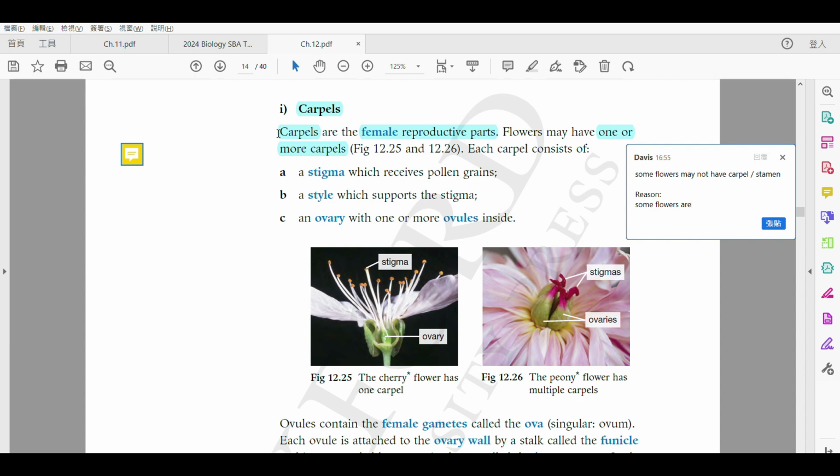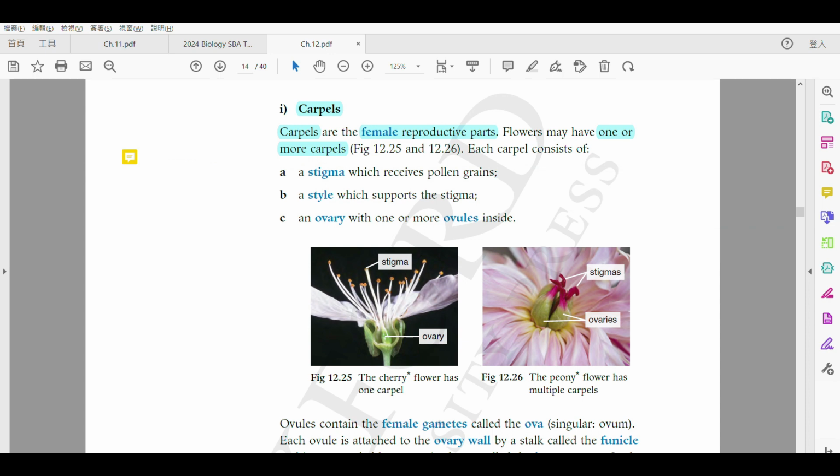They are not bisexual. They are unisexual. So they either have a carpel or a stamen, either one or the other. This is just for you to know, so it's not must be one or more.